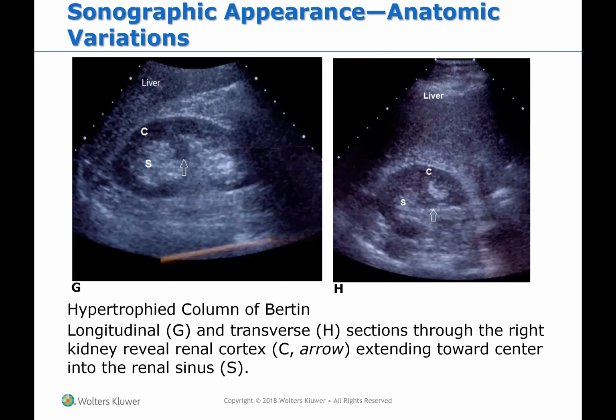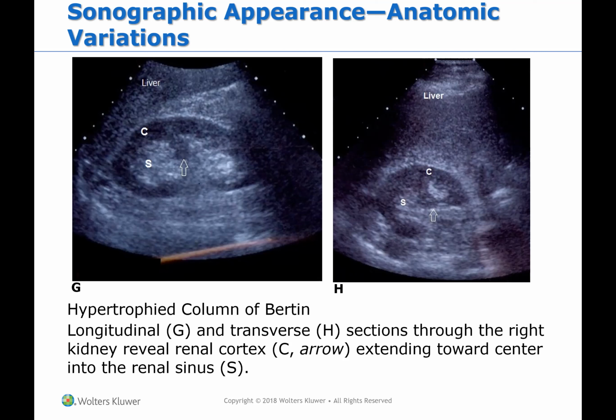The final thing that you'll see quite a bit is called a hypertrophic column of Bertin. And this can also kind of trick you up because you're looking for masses when you're doing the kidney, and you're looking for cysts and you're looking for pathology.